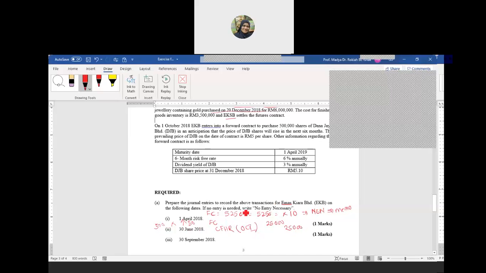Okay, what will be the journal entry on 30th of September? Now the price increased by another 50. What will be the journal entries here?